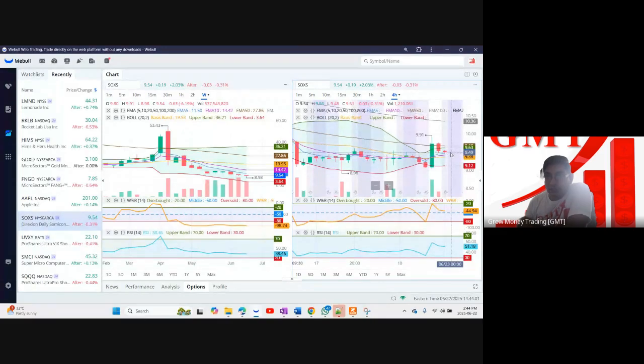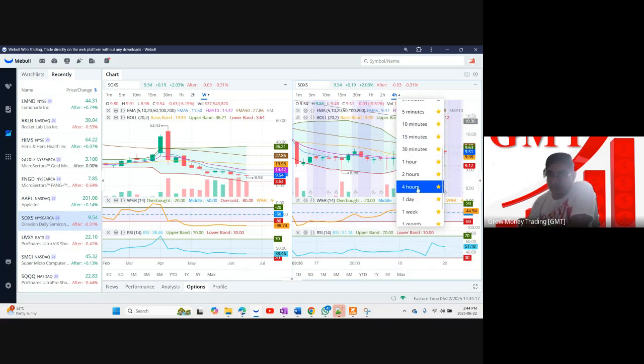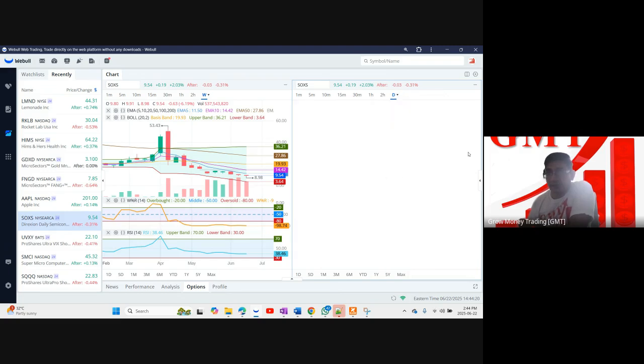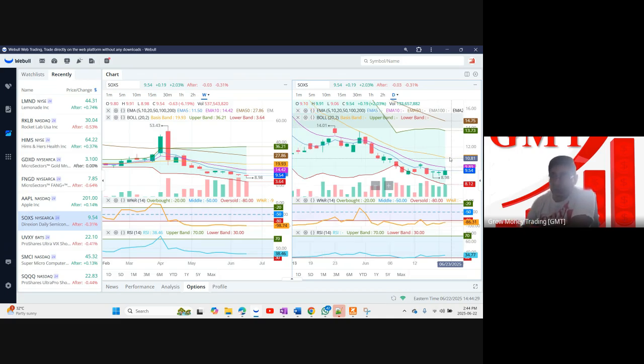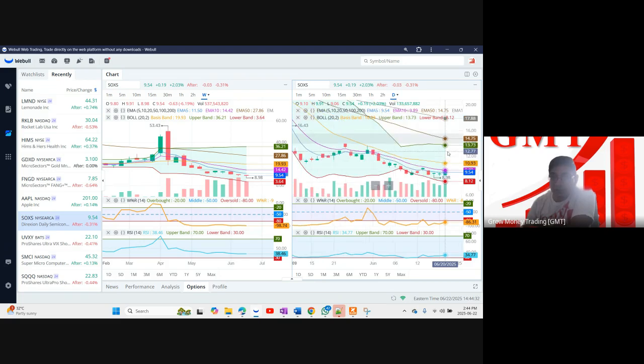Okay, so the first target for SOXS, for those who are already on it, 1030 would be the first target, and second target would be the level that we saw on the daily chart at 1090. If some of you are holding it above 1090, then the next target level to watch for would be 1130.